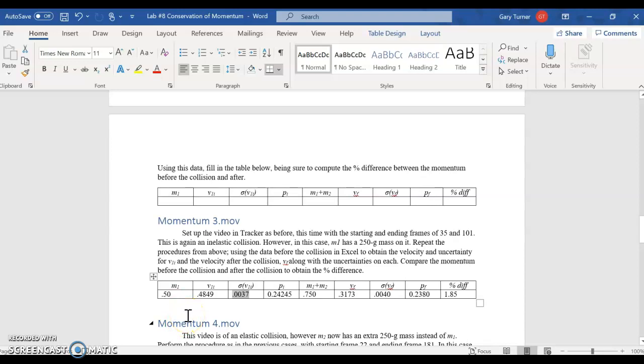Now, what does this represent? Okay, this represents a way to try and determine if the two momenta, if their error bars overlap. This is essentially an error bar.